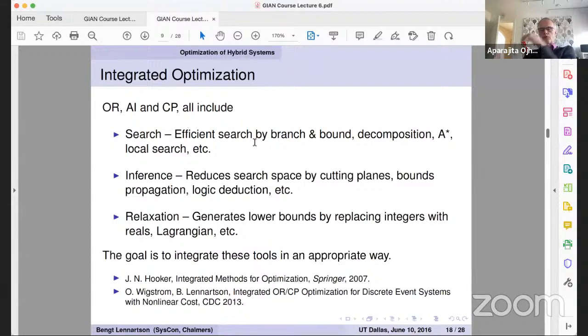Well, you have efficient search methods like branch and bound, decomposition, A*, local search, etc. And you could say that branch and bound is probably from the beginning mostly developed in operation research, and OR is, I mean, you could say the main branch where a lot of these methods have been developed.